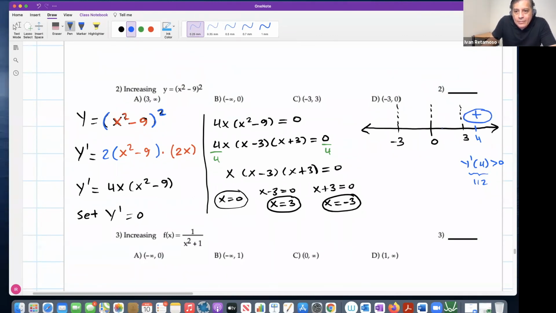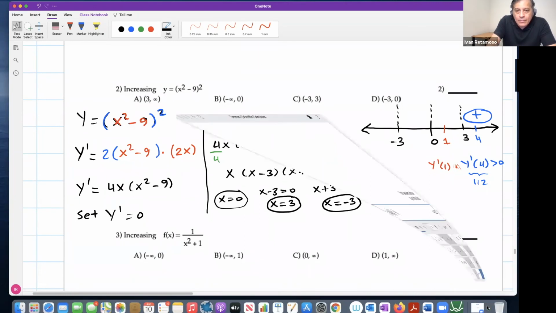Now here I choose another test point, for example, 1. Evaluate y prime at 1. If this is 1, this is going to be 1 minus 9, negative. This part is positive, so the whole thing will be negative, right? So negative here. And if you want to calculate it, you can do that too.